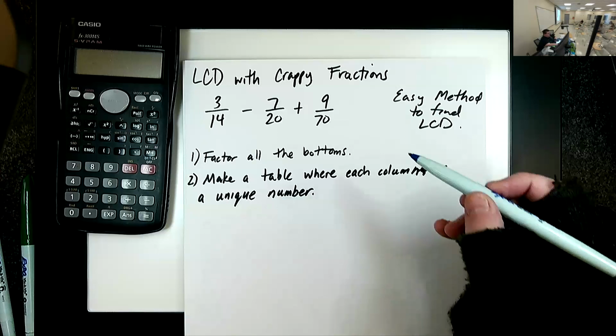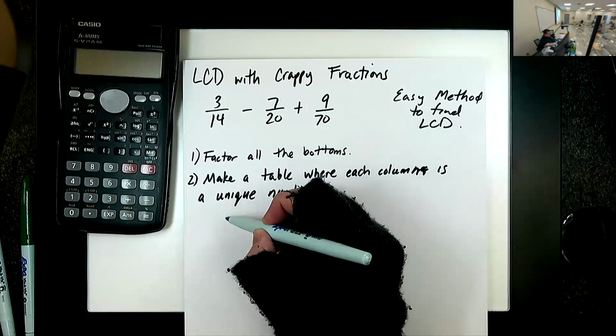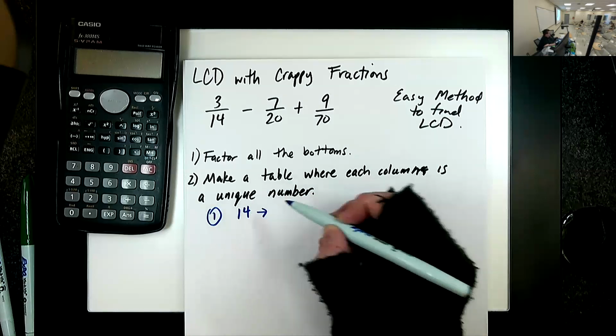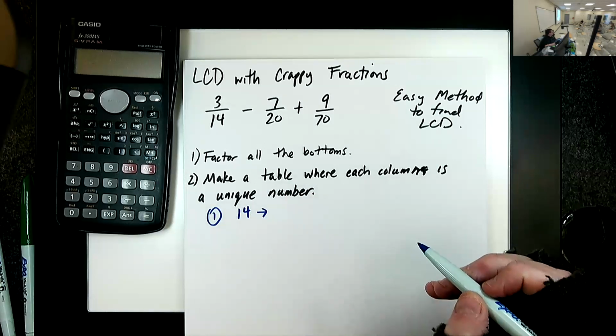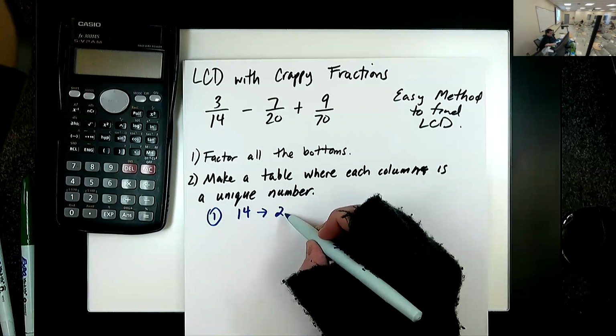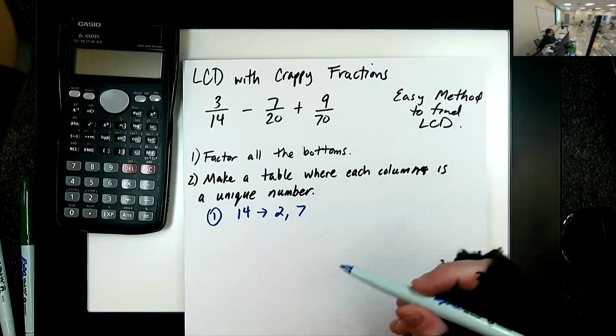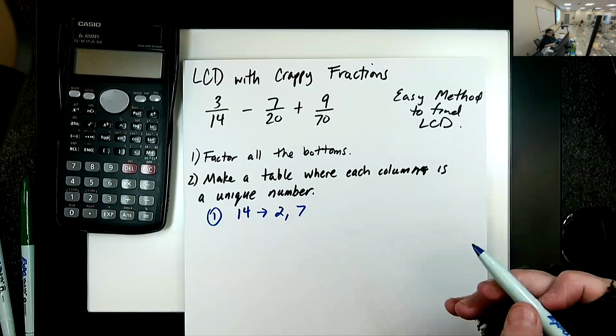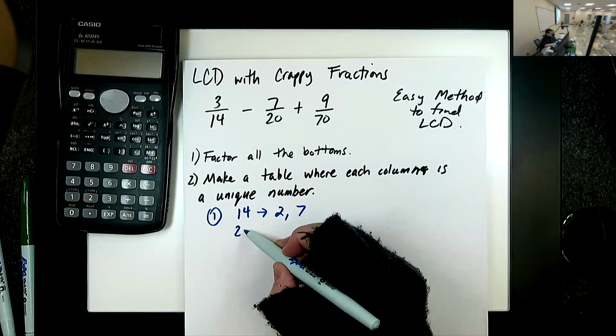So, let's do number 1 here. What can I write 14 as? What multiplies to make 14? 2 times 7. And 2 and 7 are prime numbers. That doesn't get any smaller. What about 20?